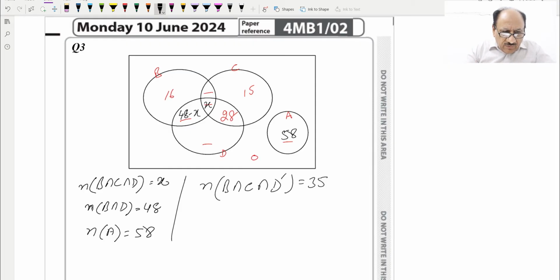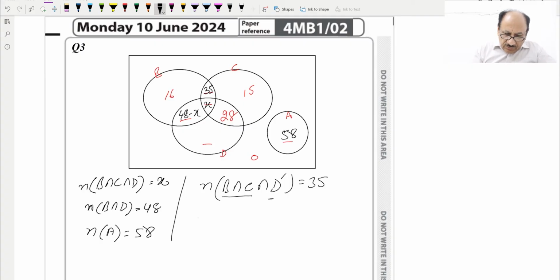We will identify this area as 35 because it's excluding. We will first take B intersection C, then exclude the D portion, and we'll indicate over here, which is 35. And then we will go to the next section, and we have shown these all.